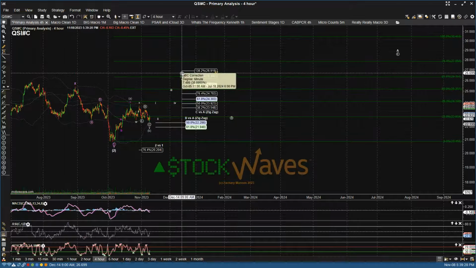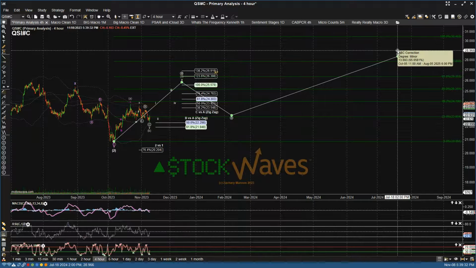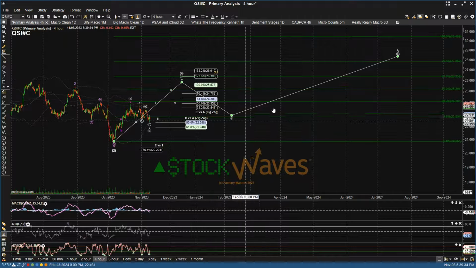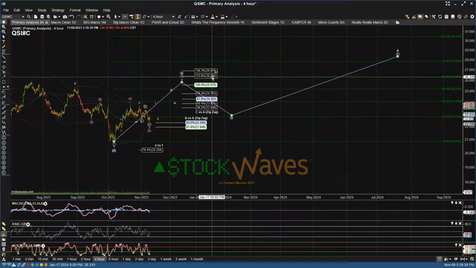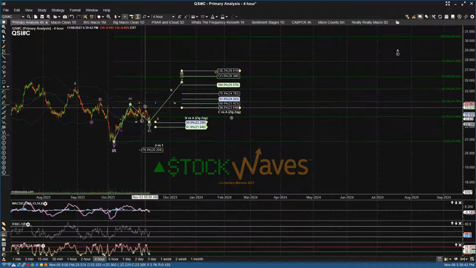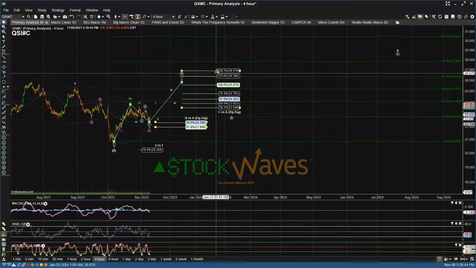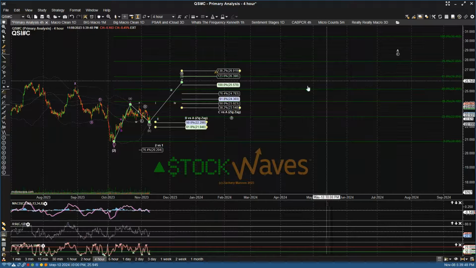So we have that as the C wave inside a bigger A wave of this A wave. And then coming down as the B and a C wave and an even bigger move. But this could stretch to the 2630s and just be all of that A wave, or even could just stretch all the way up to the 2780s as all of this A wave.